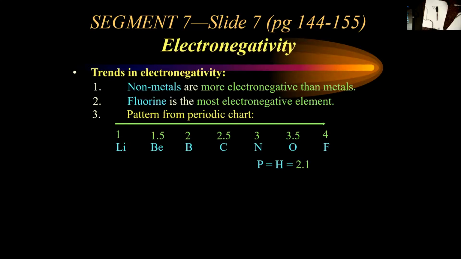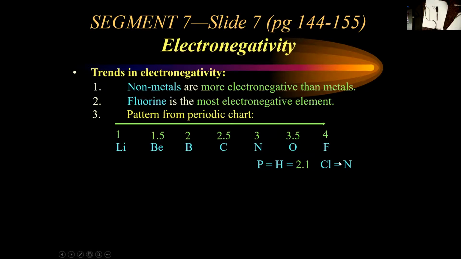Now, I want some pivotal numbers. Phosphorus and hydrogen are equal. This one you just have to memorize. The other ones are an easy pattern to regenerate. Phosphorus is equal to hydrogen, and it's 2.1. So phosphorus and hydrogen have the same attraction for electrons, same electronegativity.